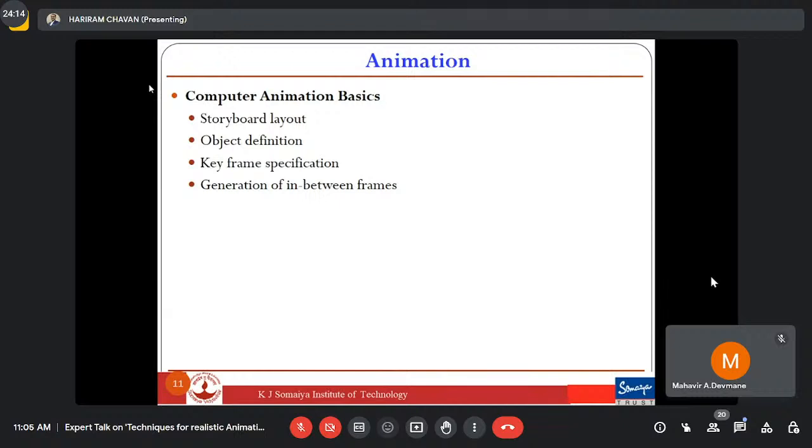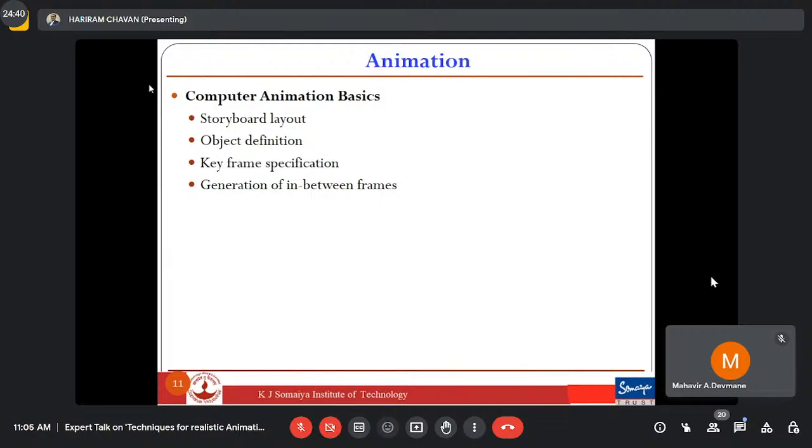The second thing which I would like to talk about is object definition. After the storyboard, which talks about the outline of an action, the object definition talks about each participant in the action which you are sketching in the storyboard layout.